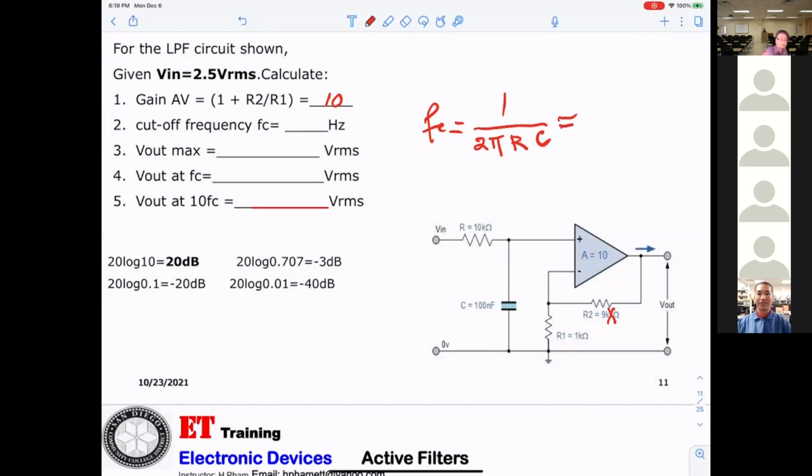Later, another student did the calculation and got the correct answer. So what does the cutoff frequency equal?